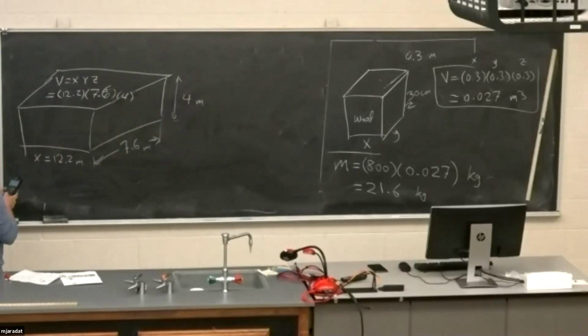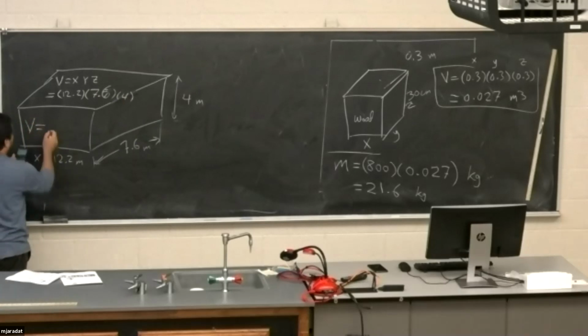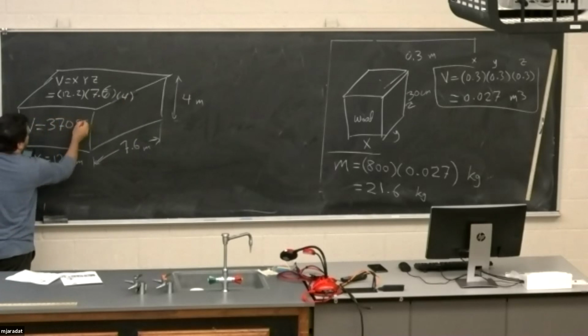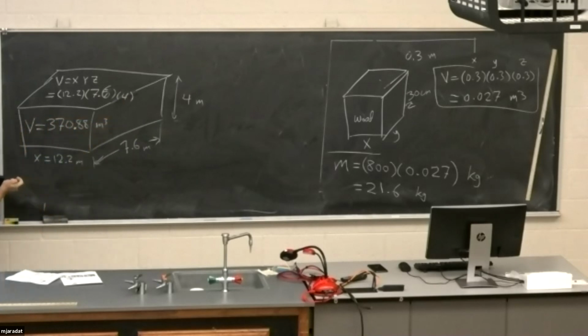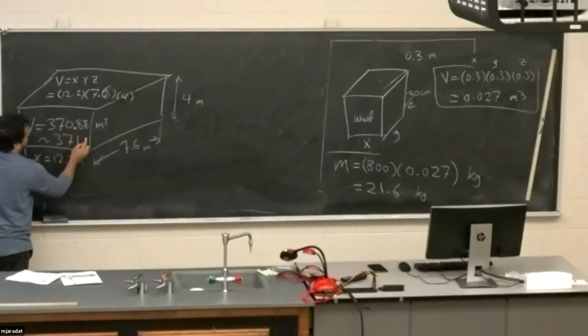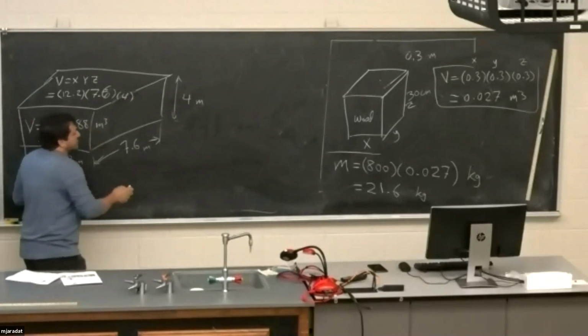12.2, 7.6, 4, so the volume is equal to 370.88. We can consider it as 371 meters cubed. Okay. What is the mass?